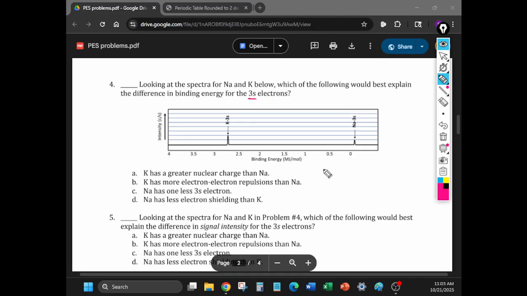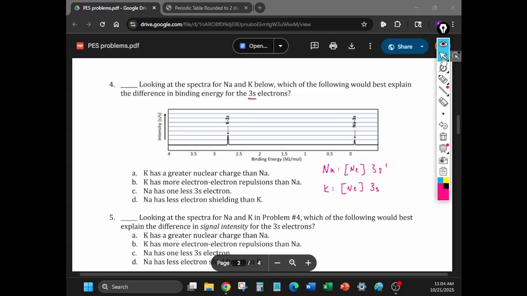If you take a look at Na, Na's electron configuration is going to be Ne, and then it's 3s1, right? Okay, now, if we talk about potassium's electron configuration, let's go from neon. How many electrons are in potassium's 3s subshell?